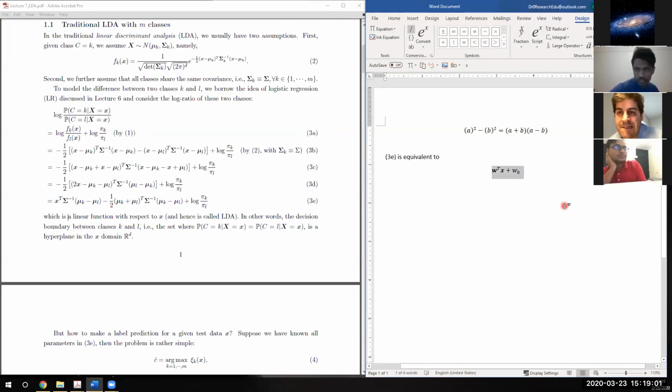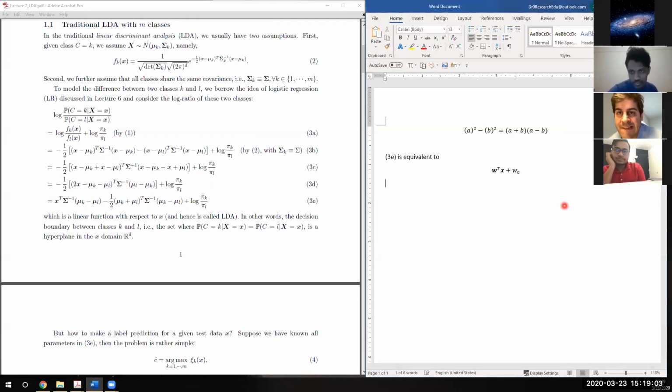The good point is that I can copy and paste, while on the whiteboard I cannot do it. On the decision boundary, we have this equal to 0, which gives a hyperplane with respect to x.